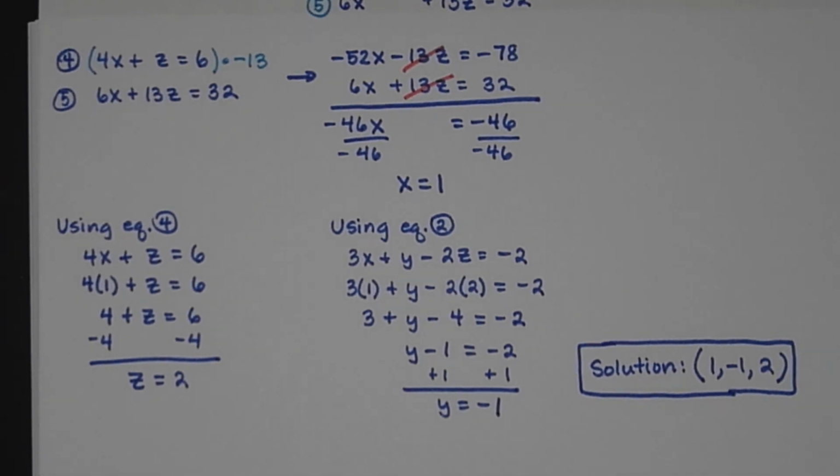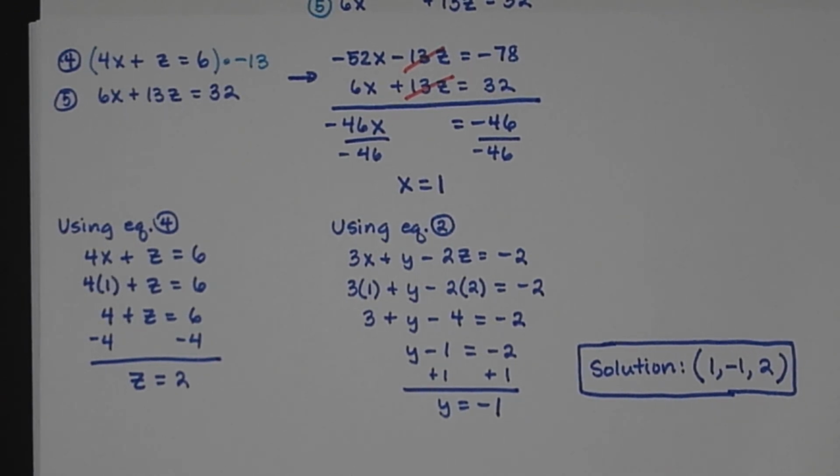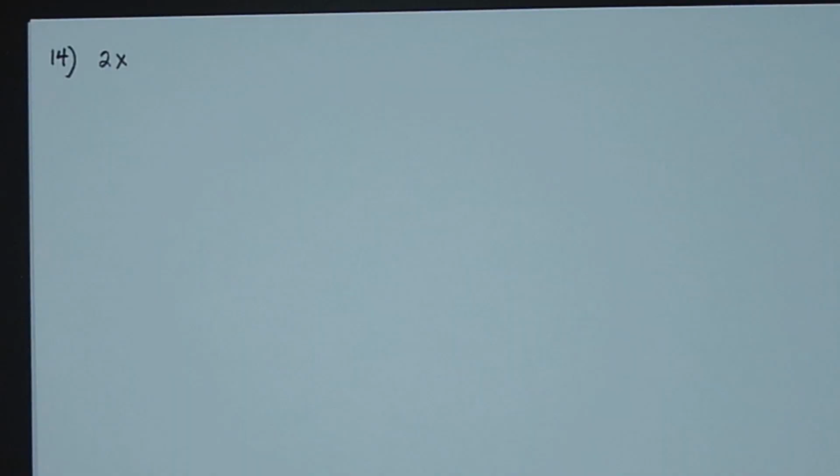All right, problem number 14 is solving the system by the substitution method. So here you're told what method to use. Does everyone have this? Okay. In problem number 14, we got 2x plus y is equal to negative 5.